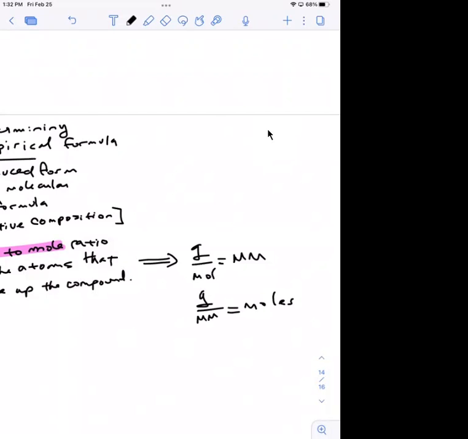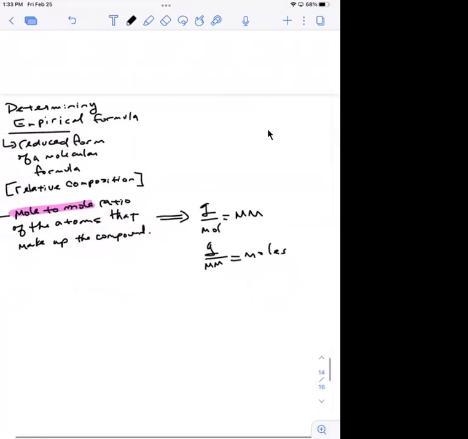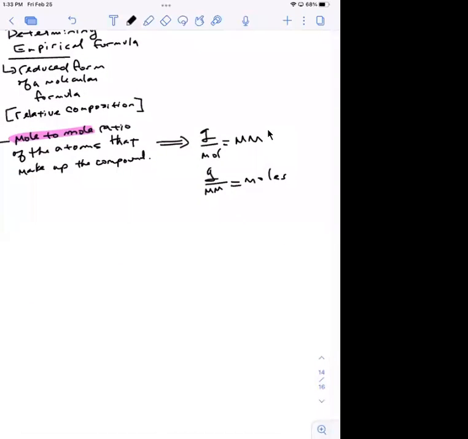If we're given any two of the values, we can figure out the third one. In this case, if we're looking for moles, we can take the grams and the molar mass and find the moles, and that's what we're going to be doing when we're trying to find this empirical formula.